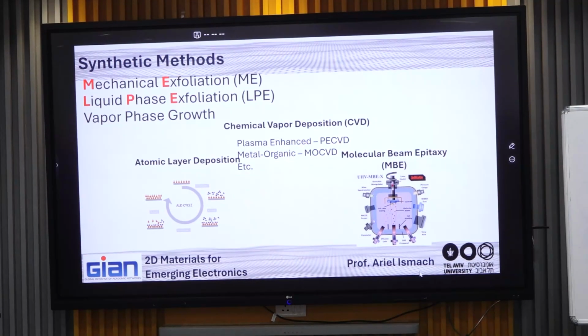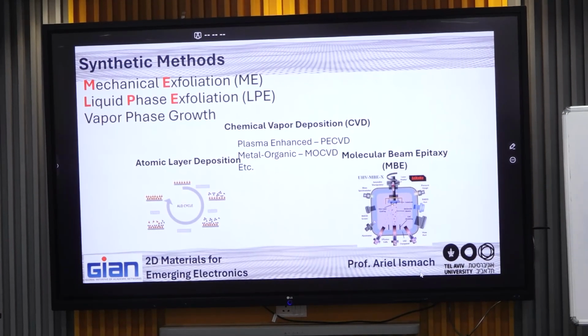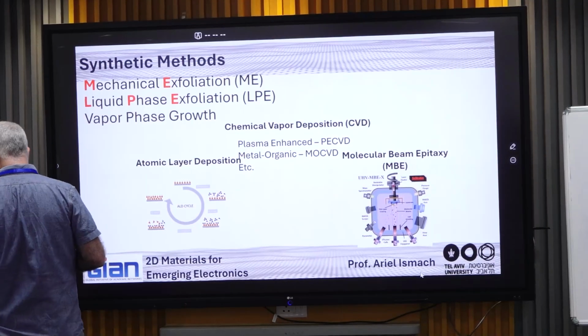So I will be focusing mainly on CVD-based methodologies because these are the ones that are more accessible and also they lend the best results so far. But I will talk just a bit about that.